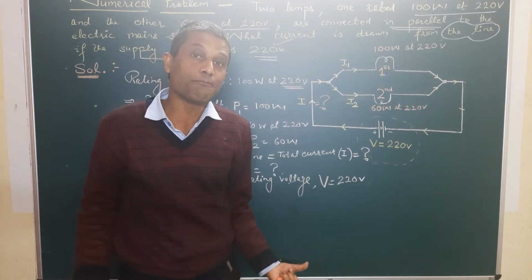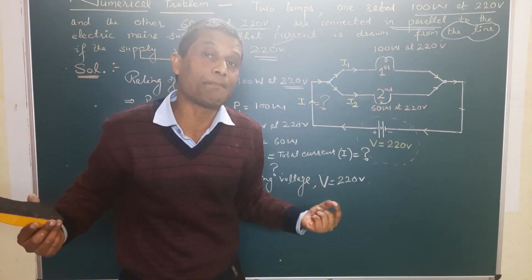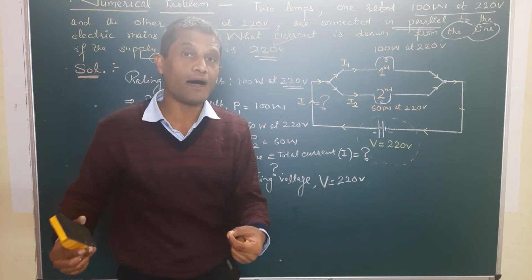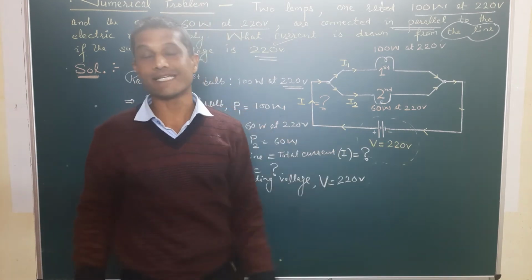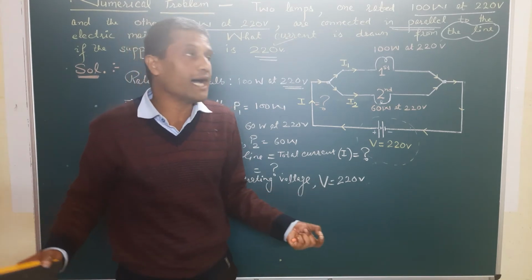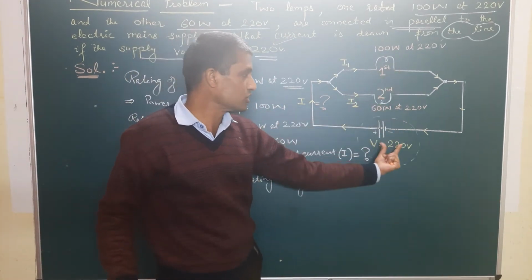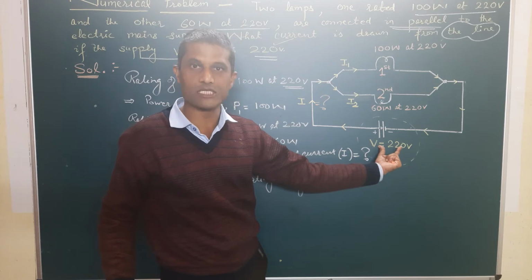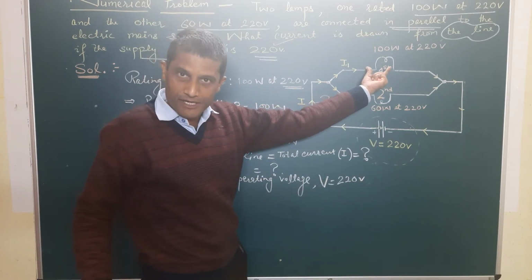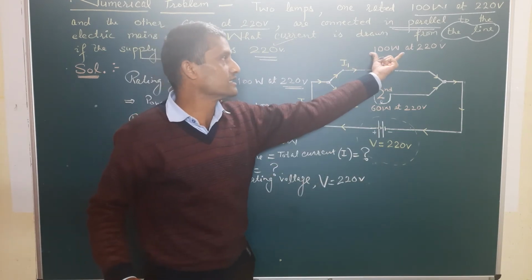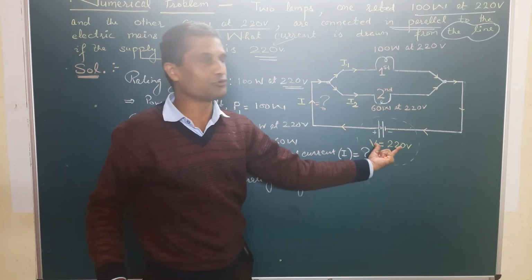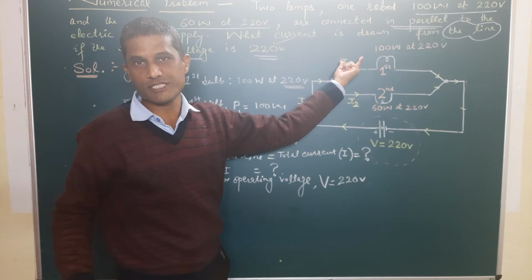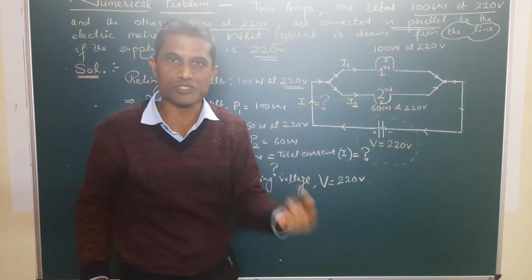So we will apply the formula of electric power. P, the power, is equal to voltage multiplied by current, that is P = VI. Potential difference is known to us, that is 220 volt. Current we are going to find out. Power is known to us, this is a 100 watt bulb. So power and voltage are both known, and current can easily be calculated. So that's how we are going to proceed further.